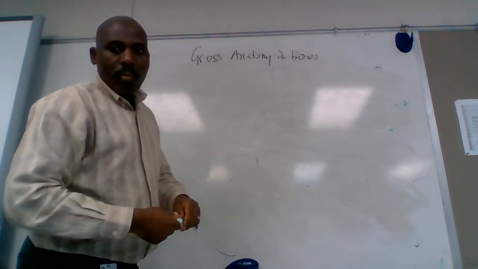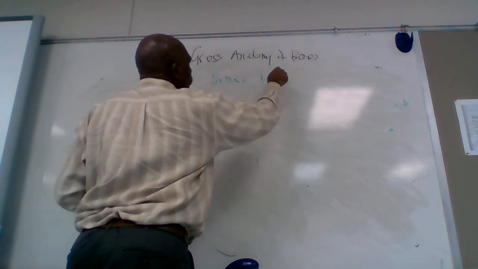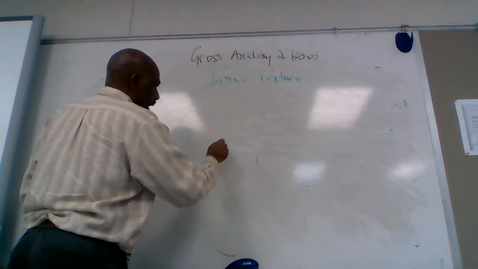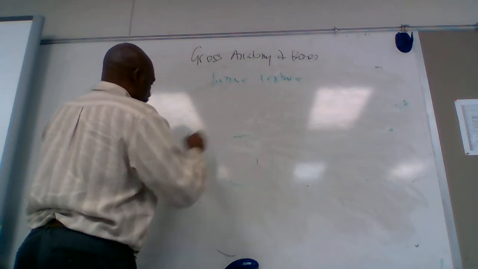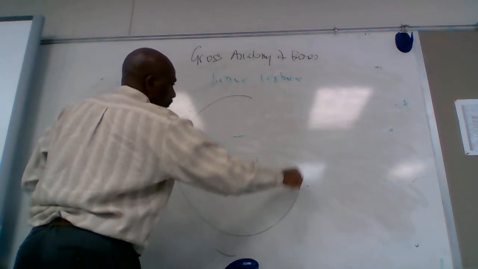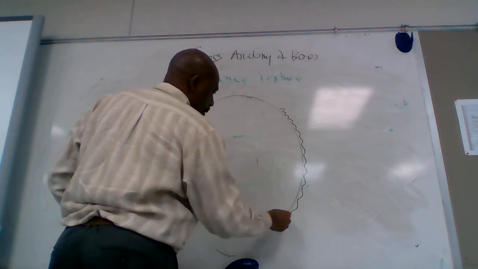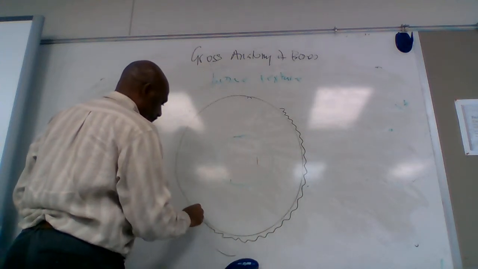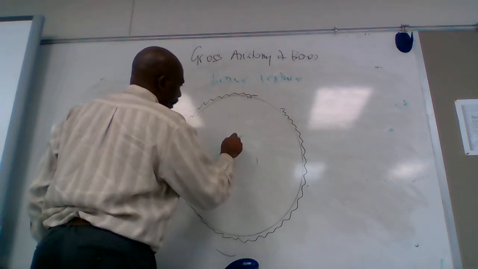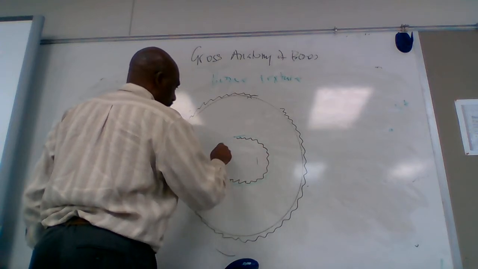Next, let's look at bone texture. I'll put a diagram on the board to explain that. So this is a cross section of a long bone cut horizontally.